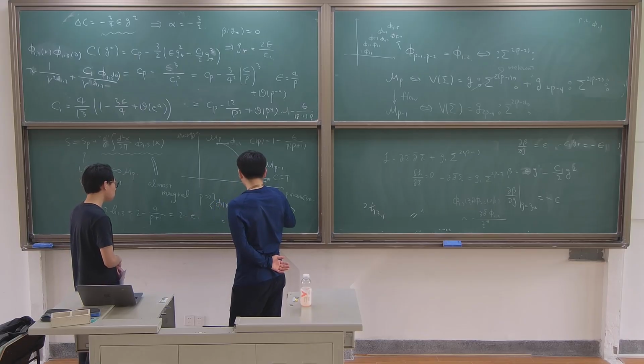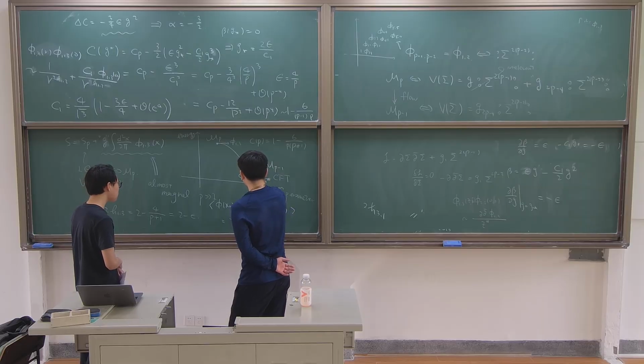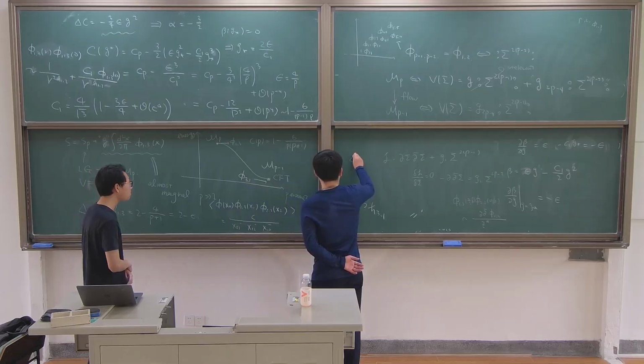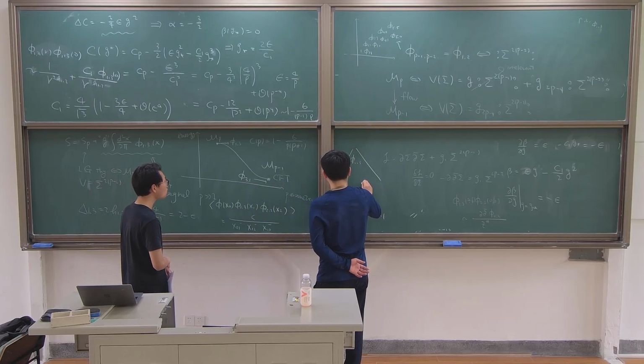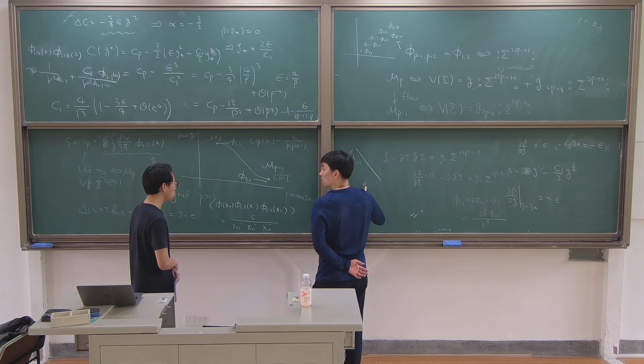If you consider this three-point function, here is this conformal family. If you start with phi 1 3, there exists a singular vector at some point in the conformal family.